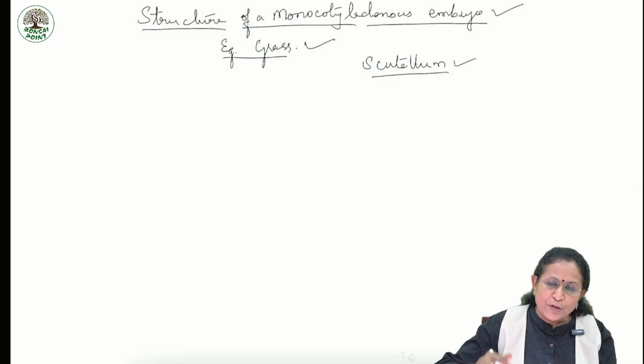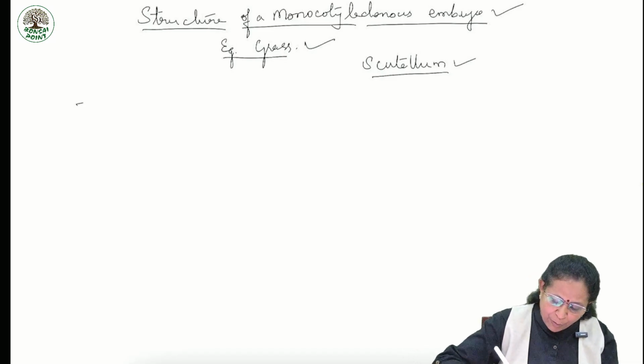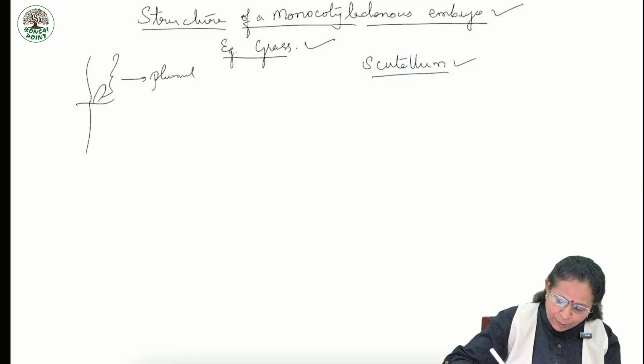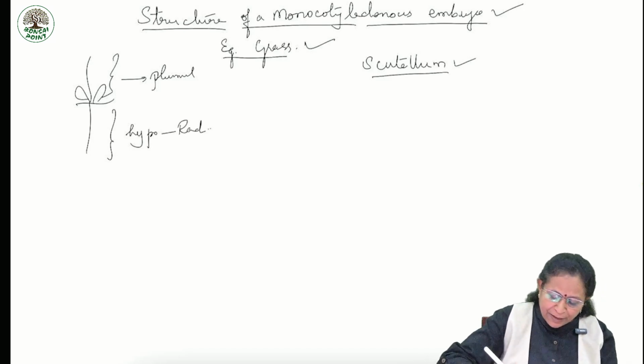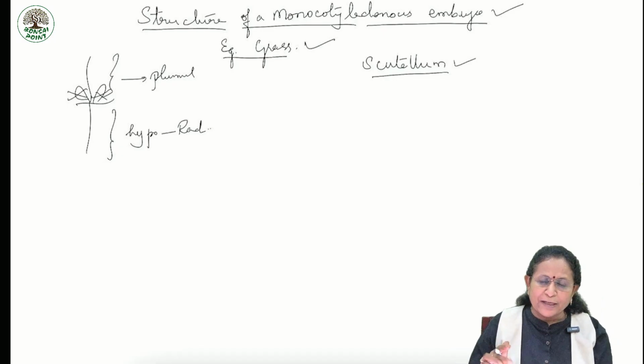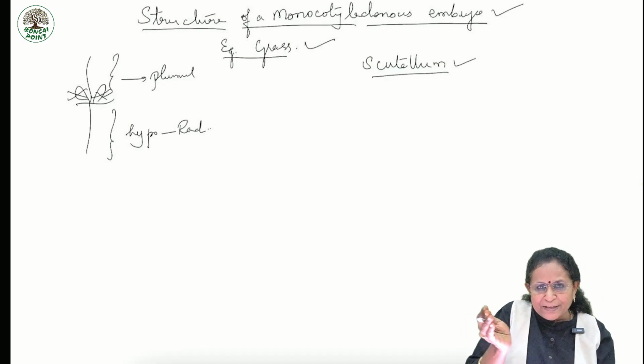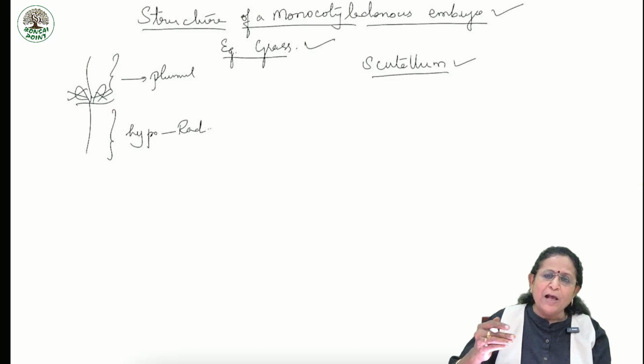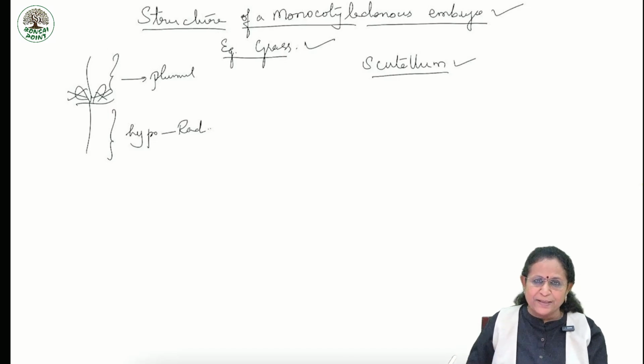In the dicot we saw that the portion above the level of cotyledon was called epicotyl, and that terminates into plumule, and the portion below the level of cotyledon was called hypocotyl, which terminates into radicle. But here we don't have two cotyledons, we have only one cotyledon, and it is towards one side, lateral side. So, let us see how epicotyl, hypocotyl, plumule and radicle are situated.